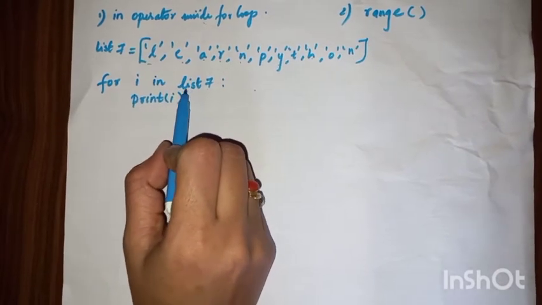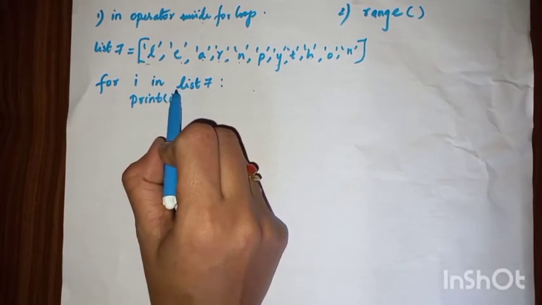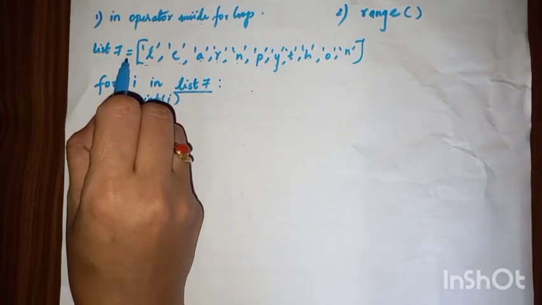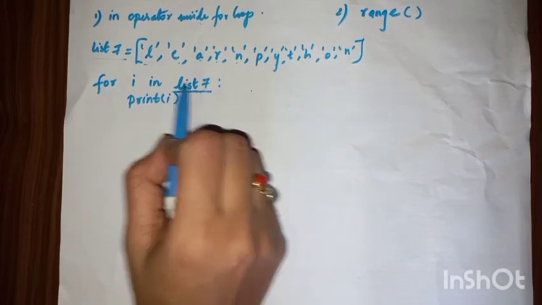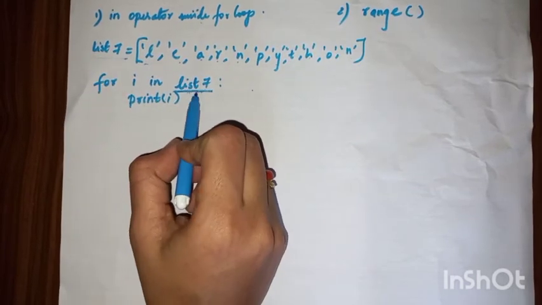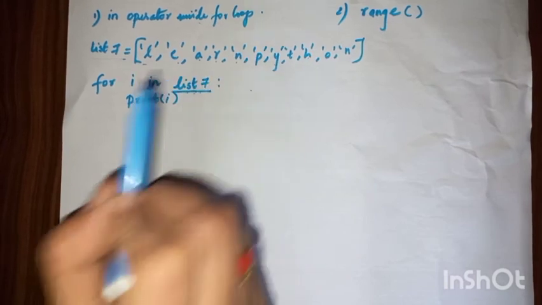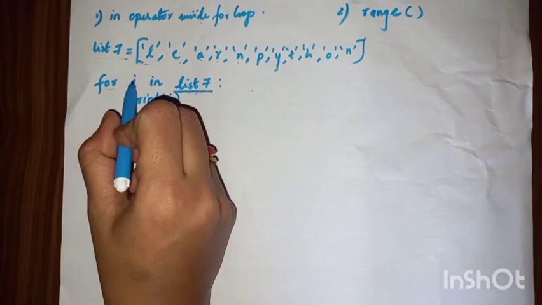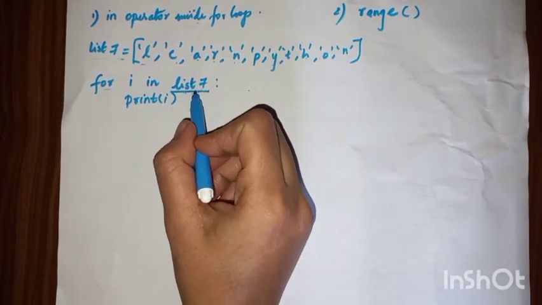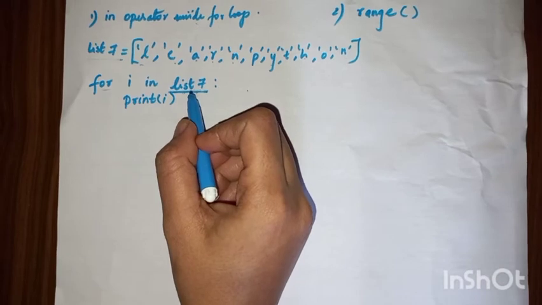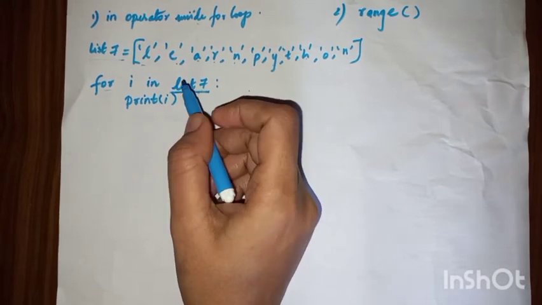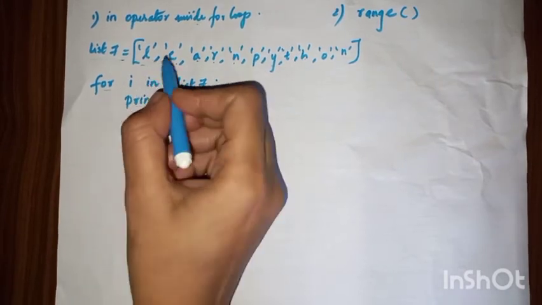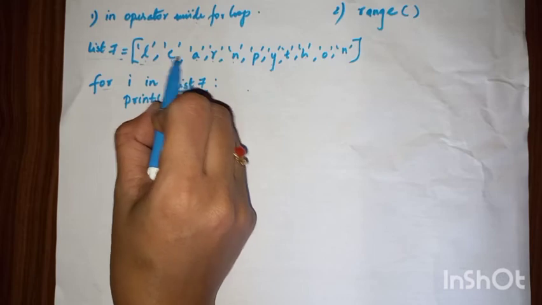In this case, the in operator is used with a sequence. List 7 is the name of a list, and list 7 is a sequence. If this for statement uses a sequence, whether it is a list, a string, or a tuple, any sequence, then the control variable I will have the values of the elements of the list.